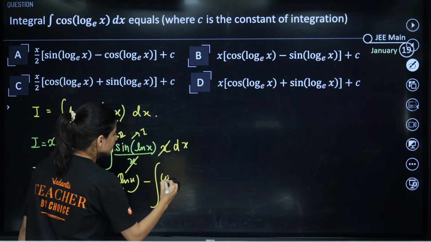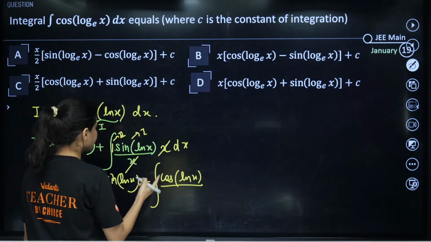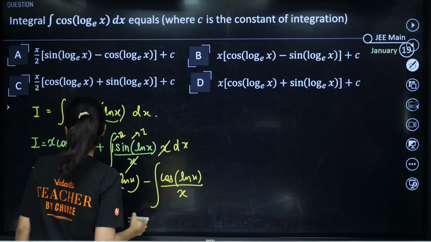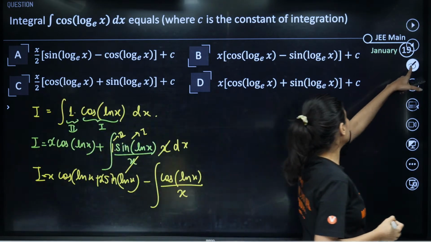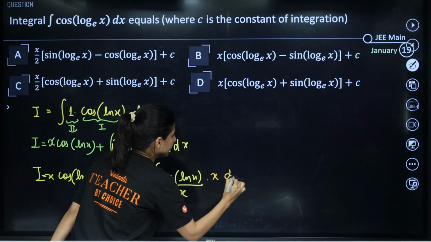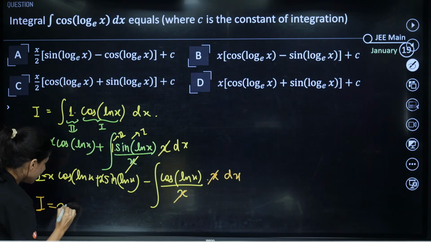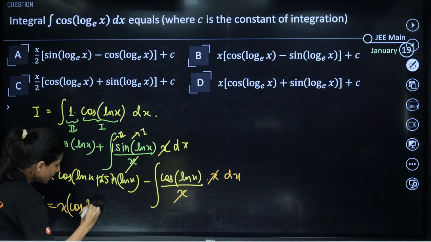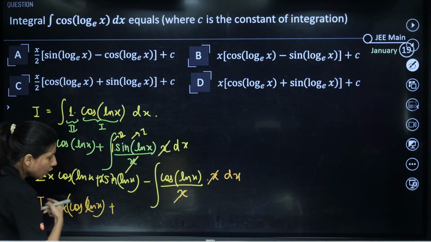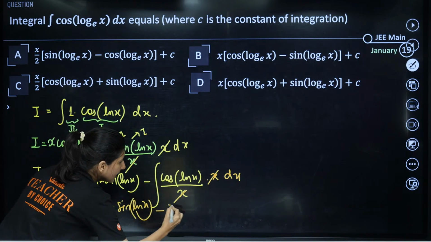Derivative of sine is cos of log x, upon derivative of log x, which is 1 upon x. And now integration of second function is x dx. The x cancels, and now I equals x cos of log x, x is common, then sine of log x, and this is minus I.